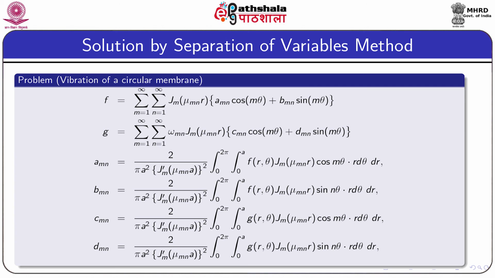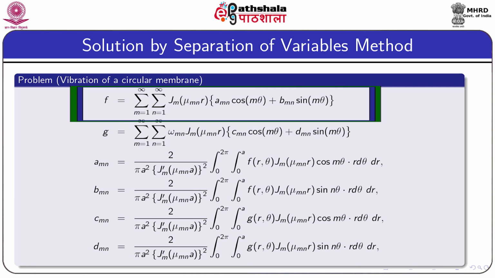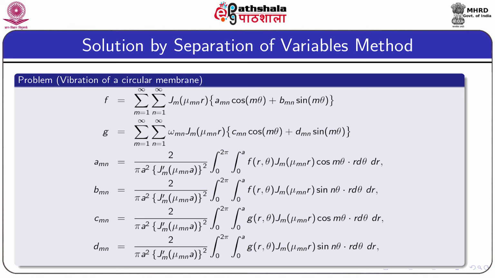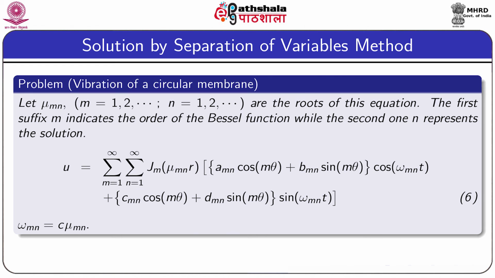So, that condition gives f as the sum over m, sum over n of J m mu mn r into (a mn cos m theta plus b mn sin m theta), and this condition can be obtained from the general solution by putting t equal to 0.